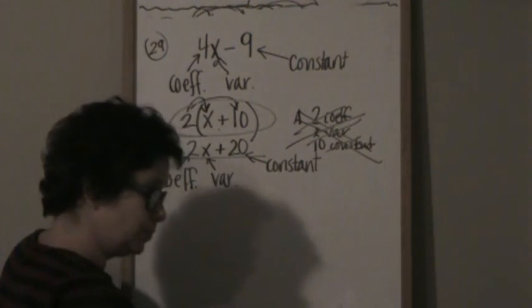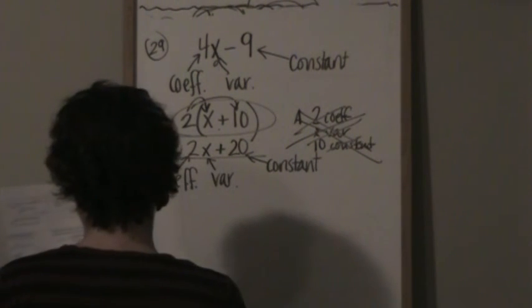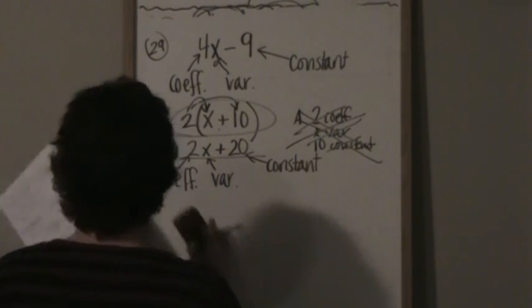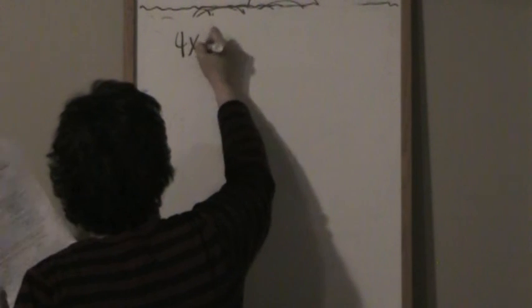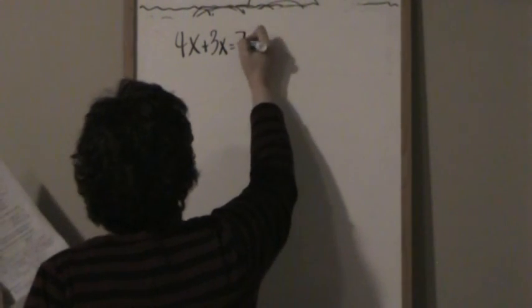Okay? All right, we are on our last one. Okay, I think we're looking at Nick and Natalie. You need to pay attention because you're going to see one a lot like this on your test. Okay, what we're doing is Nick and Natalie both claim they correctly simplified an expression. Nick said that the expression 4x plus 3x is always equal to 7x.